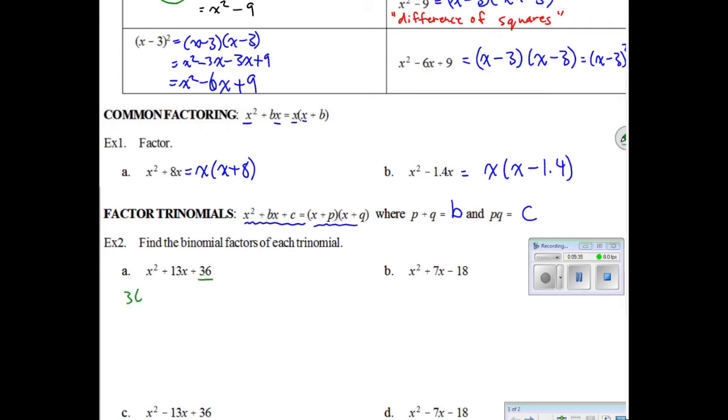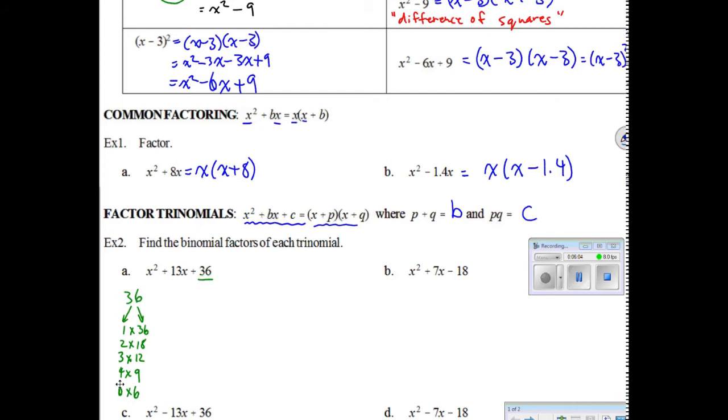We have 36, so we're looking for 36. And 36 can be written as 1 times 36, but it also could be written as 2 times 18, couldn't it? It could also be written as 3 times 12. You could also write it as 4 times 9. And that's it, or 6 times 6.